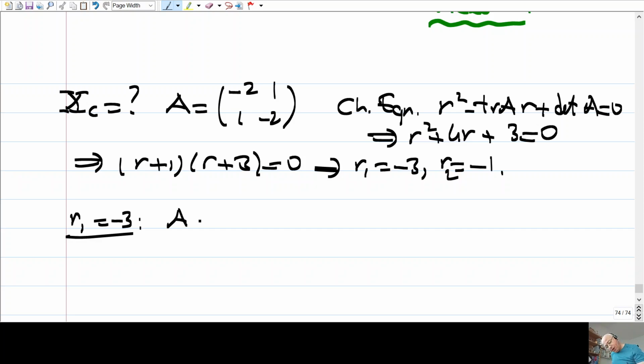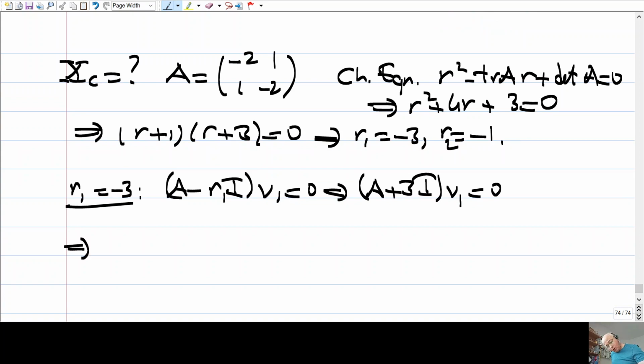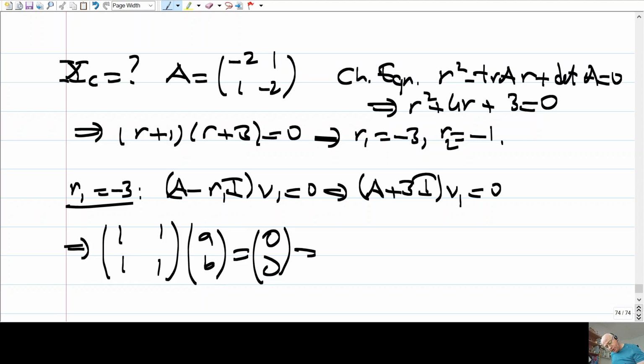For minus 3, let's find an eigenvector. So (A - r1 I)v1 = 0, so (A + 3I)v1 = 0. I add 3 times identity, so it becomes this. v1 = (a, b), and we get the equation a + b = 0.